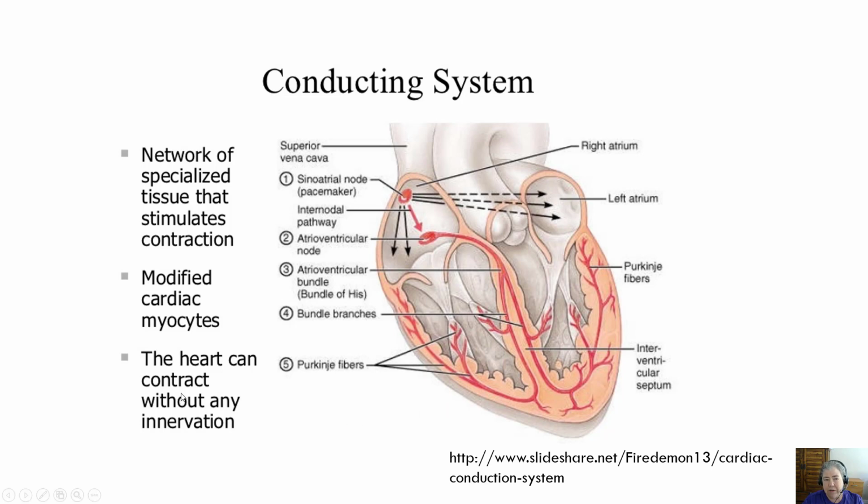Again, without innervation, and the innervation is to the sinoatrial node, the heart's going to continue to beat and contract. Now, without innervation, if you get attacked by that tiger, you're not going to get sympathetic impulses directly to the SA node to speed it up.